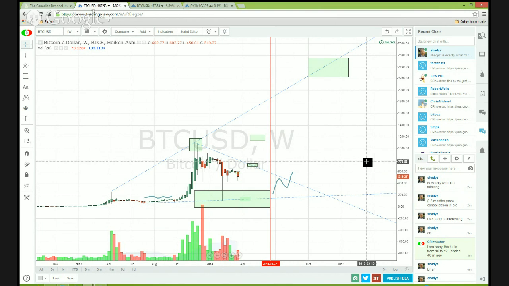What's a third of 12 trillion? I mean, let's assume normal growth. So let's say the economy gets up to 15 trillion. So 35% of 15 trillion, you basically could justifiably say this is a top if the combined market caps of all these cryptocurrencies hits about $4 trillion, somewhere in there. So we've got a long, long, long way to go.